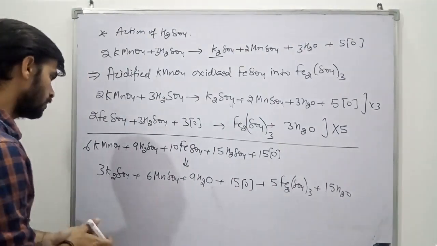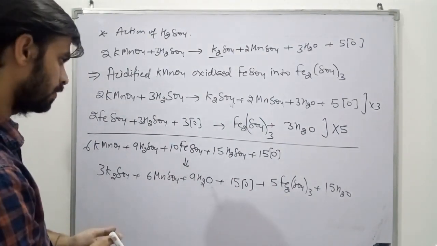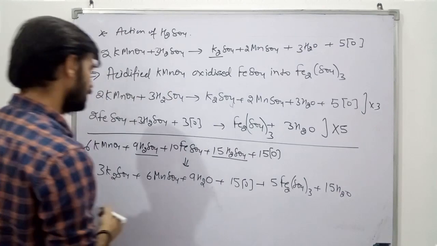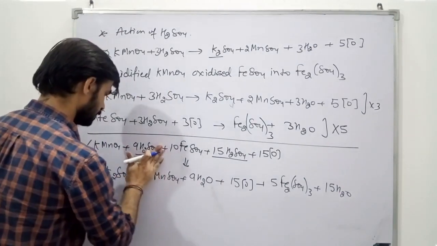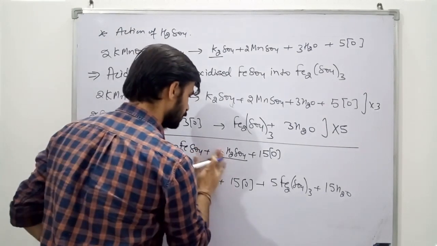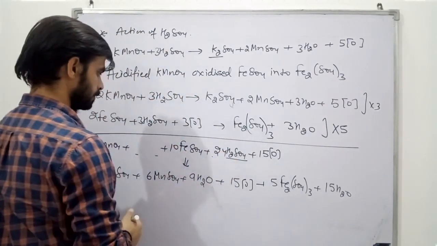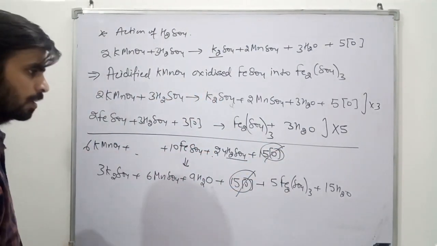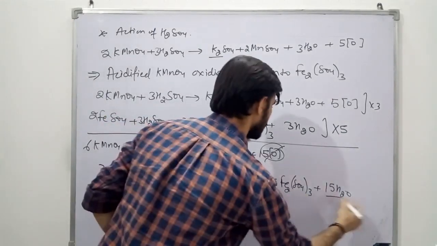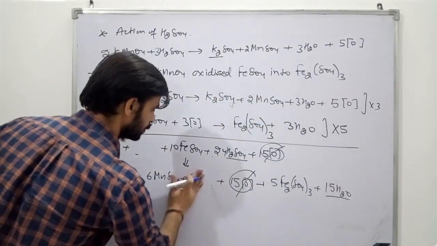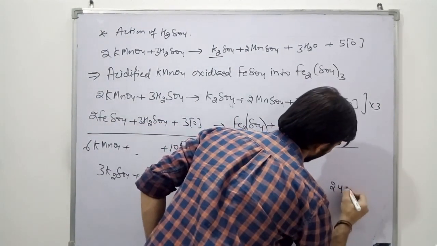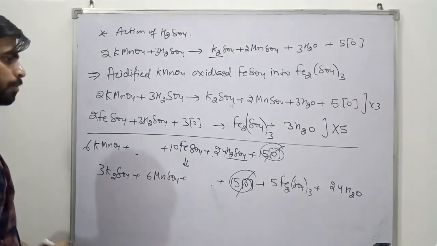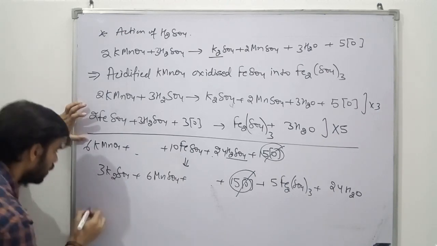Now check what can be cancelled. H2SO4: 9 plus 15 is 24. 15 nascent oxygen cancels, and 9 plus 15 is 24 water molecules. Anything else? No.